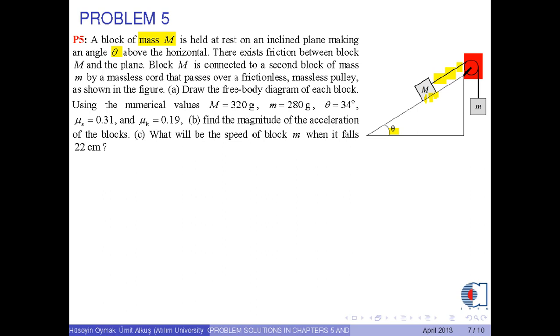In part A, we will draw the free body diagram of each block. In part B, we will find the magnitude of the acceleration of the blocks using the numerical values.